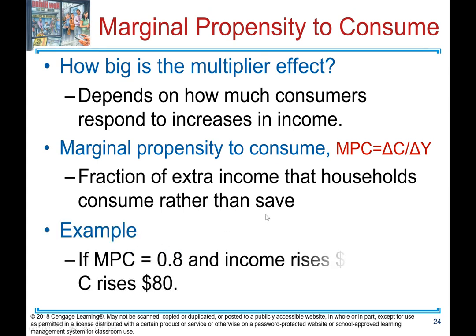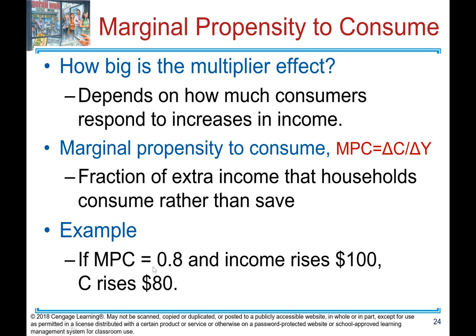Marginal propensity to consume. How big is the multiplier effect? It depends on how much consumers respond to increase in income. And that's what marginal propensity to consume is. MPC is delta C divided by delta Y, the fraction of extra income that households consume rather than save.